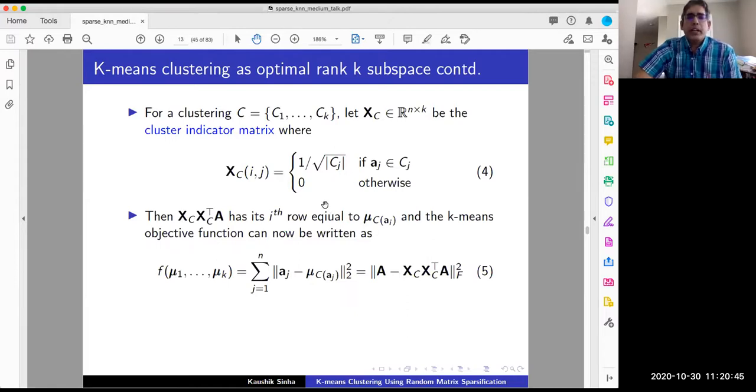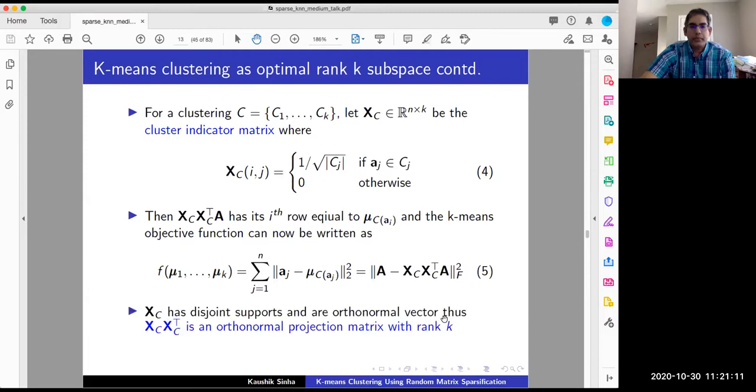The reason we are introducing this is that if you look at X_C times X_C transpose times A, this matrix has the ith row equal to exactly mu of C(A_i). That means the K-means clustering cost can now be rewritten as the squared Frobenius norm of this matrix, which is A minus X_C times X_C transpose times A.